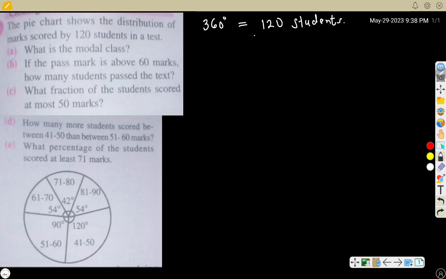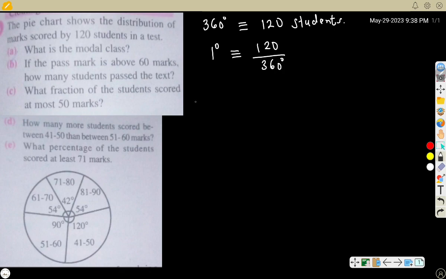So that means 1 degree will be equivalent to 120 divided by 360. With this, I can actually convert all these degrees to number of students.